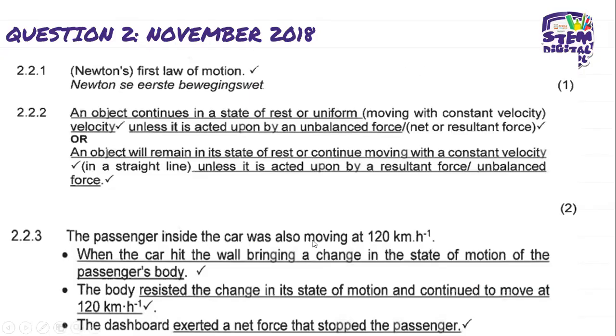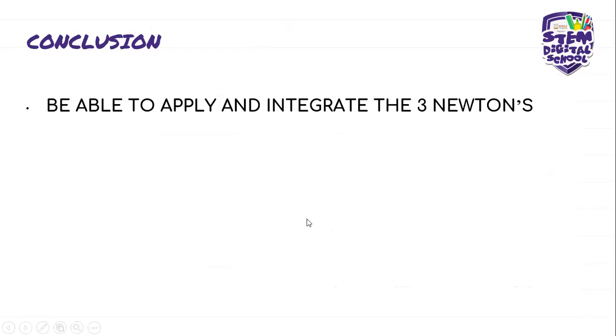Right. Now, let us make a conclusion based on what we have learned in this topic: the laws are interrelated. The questions are going to have parts of Newton's first law of motion, a big chunk of Newton's second law of motion, where you apply the equation and draw free body diagrams as well.